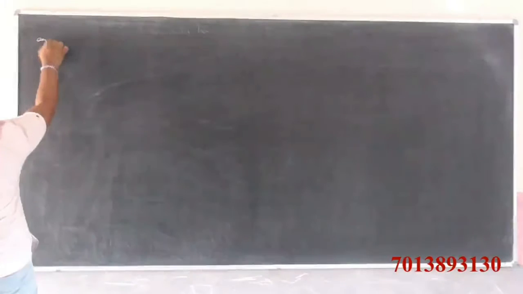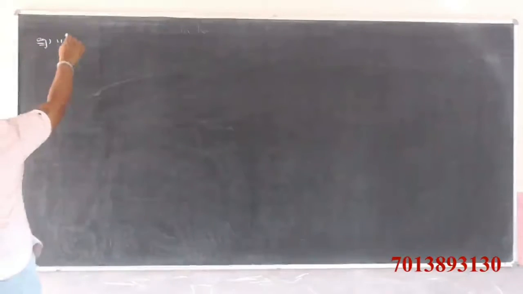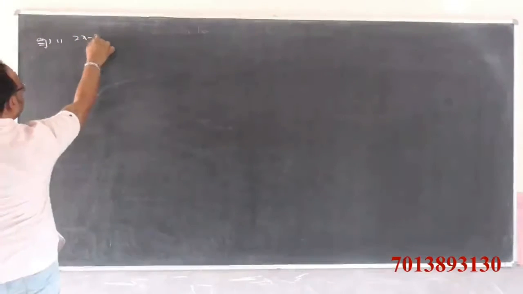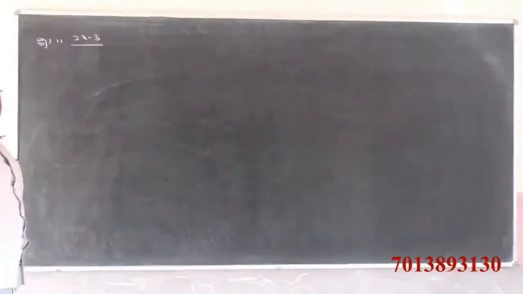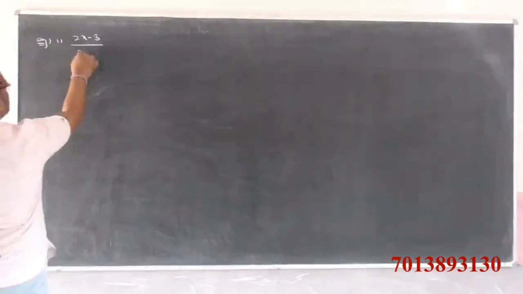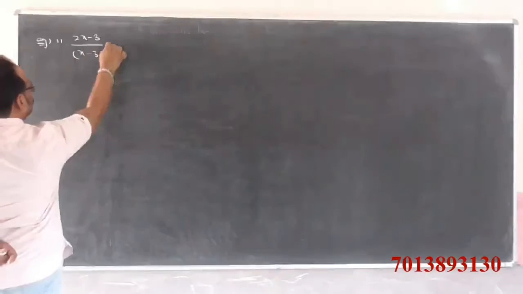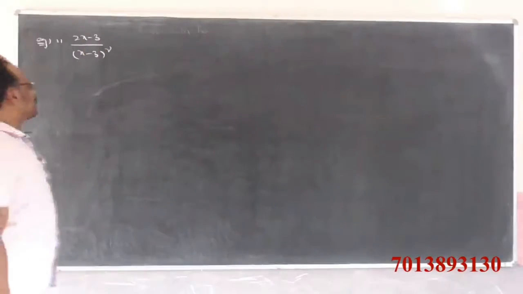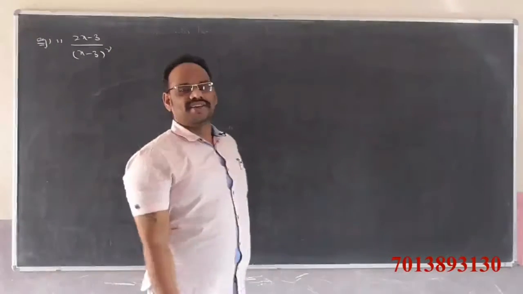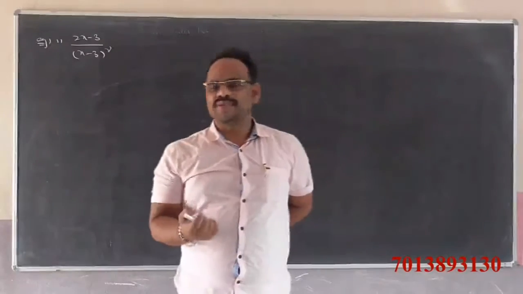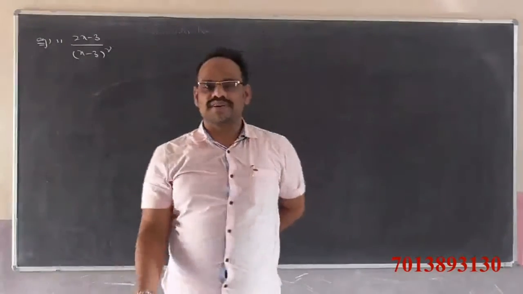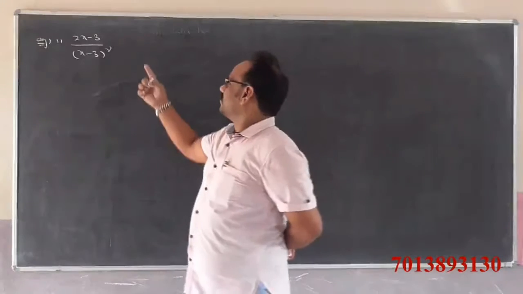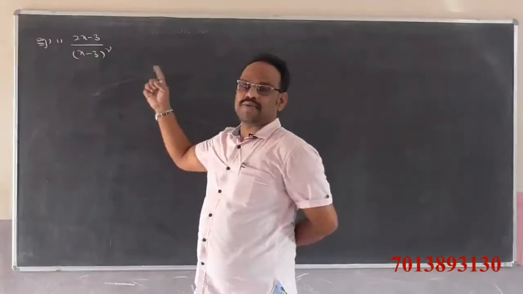Example 1. If you have one proper fraction, that is (2x minus 3) by (x minus 3) whole square. This is clearly a proper fraction.